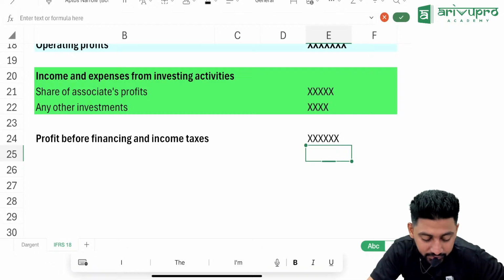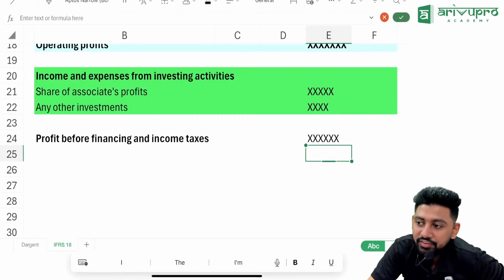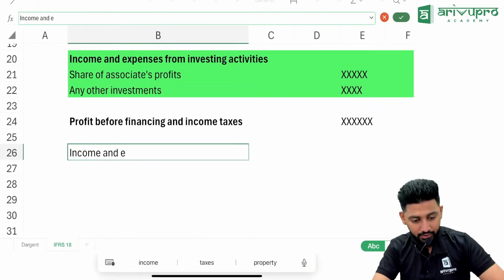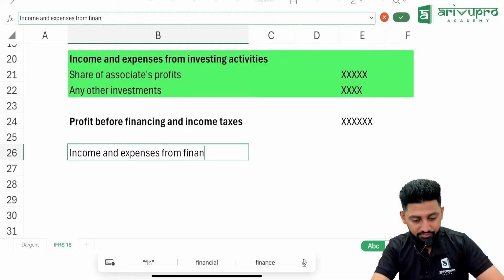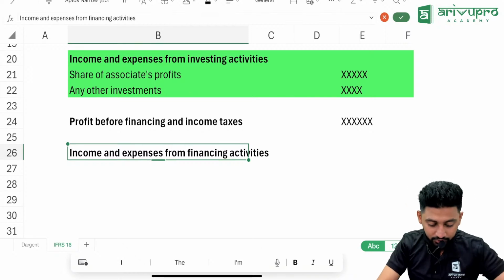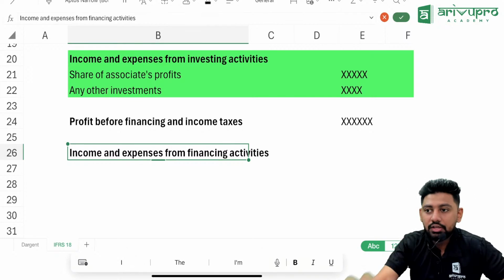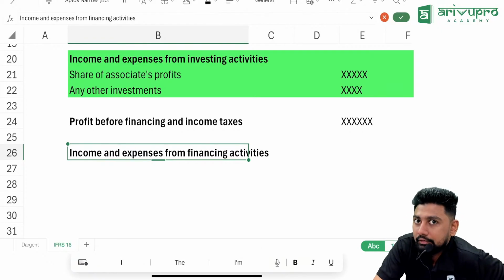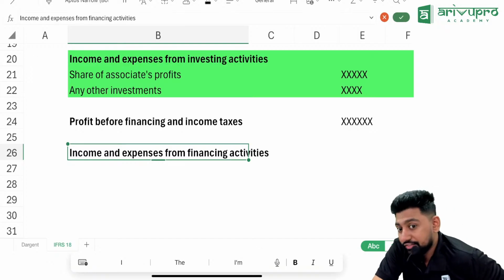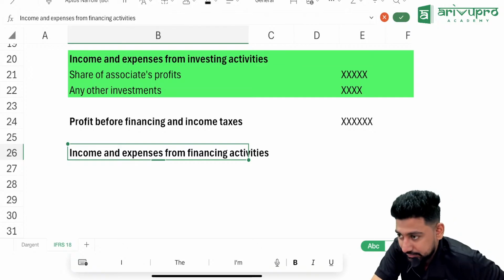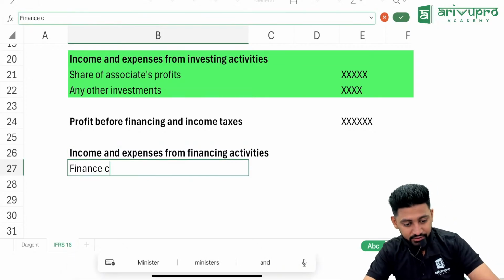Number 3, what is my third heading? Income and expenses from financing activities. If you take income and expenses from financing activities, financing meaning you have probably borrowed, you have gone for a lease, you have your lease liabilities interest. So you can take your finance cost.